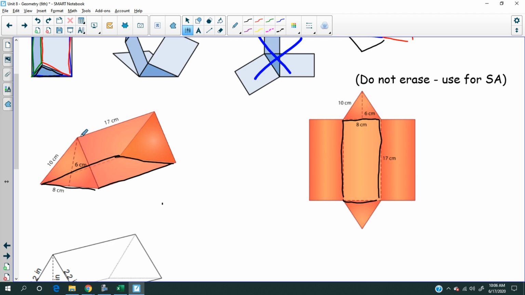And then I believe it folded out this way, right? Am I right? Hold on, let me double check. Yeah. Let's see. Yeah, it has to.